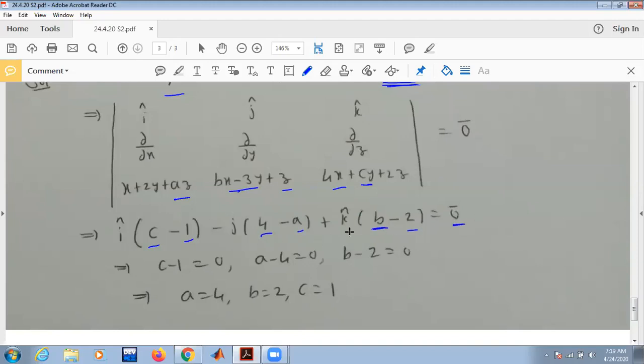And we know a vector is a null vector if and only if each component is 0. Every component must be 0 in order to say a vector is a null vector. Therefore I equated each component to 0, and you got a equal to 4, b equal to 2 and c equal to 1.